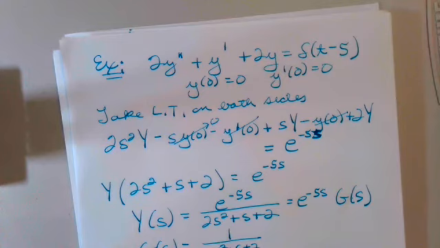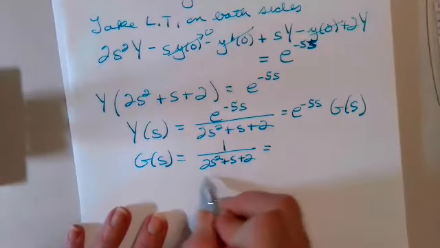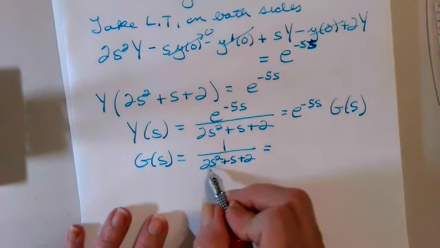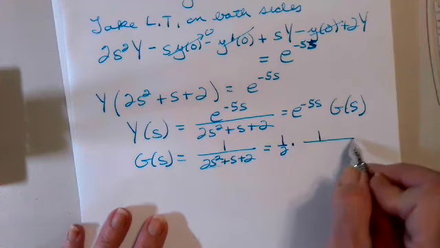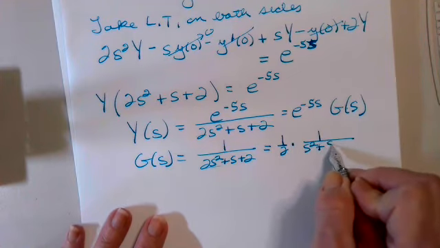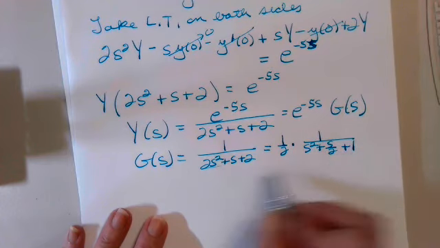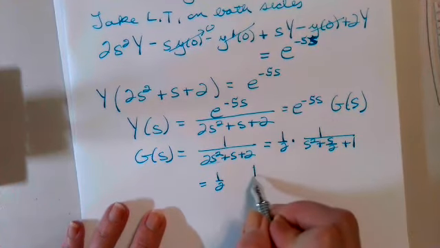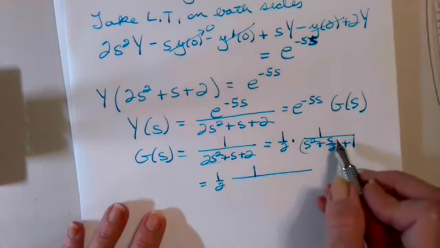All right, so how am I going to do the inverse Laplace transform, of course? Well, I'm going to complete the square in s because this one doesn't factor. So that means I need a coefficient of 1 in front of s squared. So I'm going to write this as 1/2 times 1 over s squared plus s over 2 plus 1. Now here I take half the coefficient of s, so I'm grouping these two together.